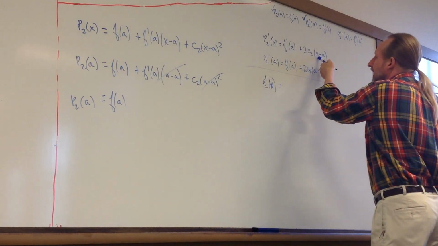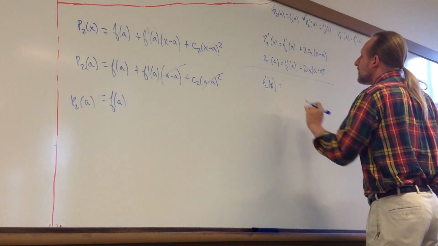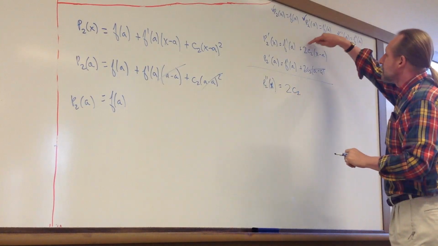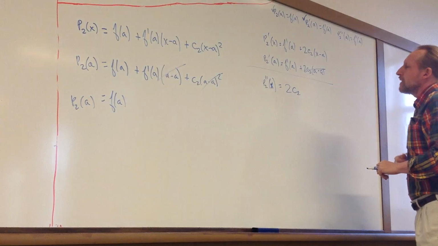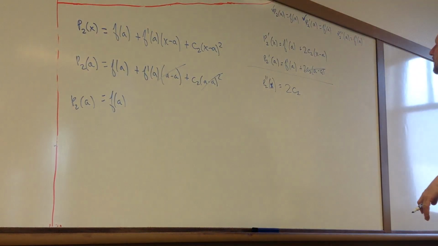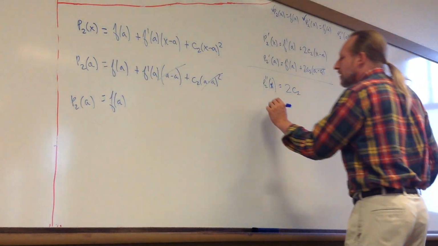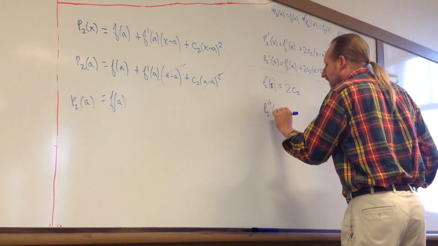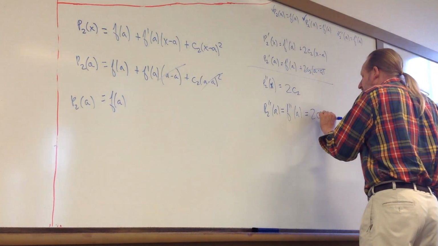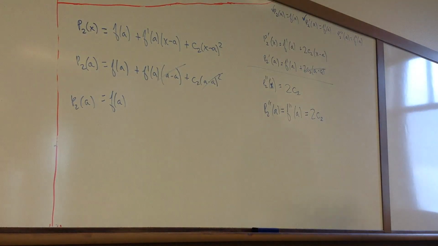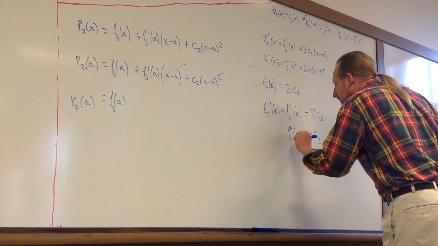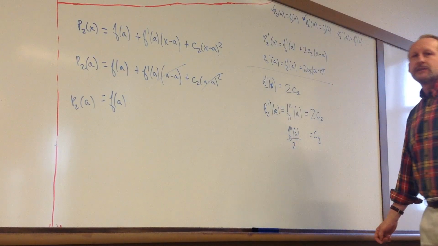Over here we have an x, and so our derivative, when we take that, will be 2c2, and then this 2c2 times a is also a constant. Its derivative is 0. Now we want p2 double prime at a to be f double prime at a, and what we've got is that it's equal to 2 times c2. That means we want to force c2 to be f double prime at a divided by 2.